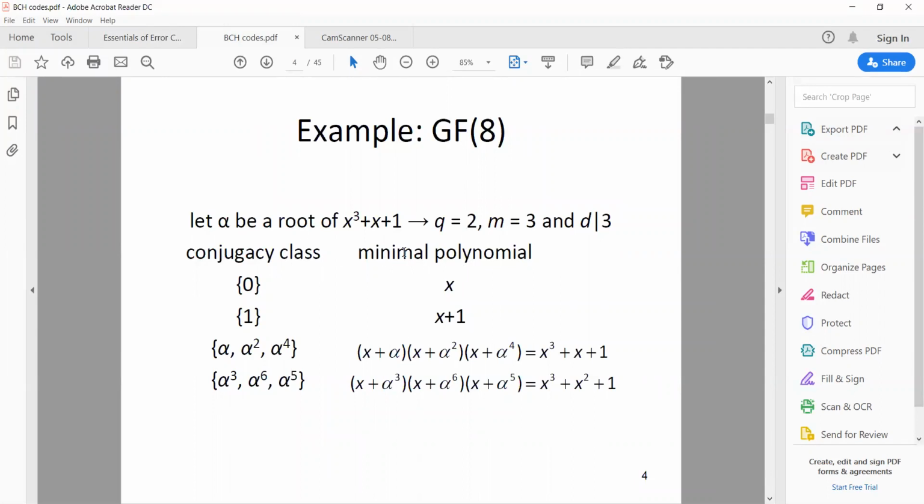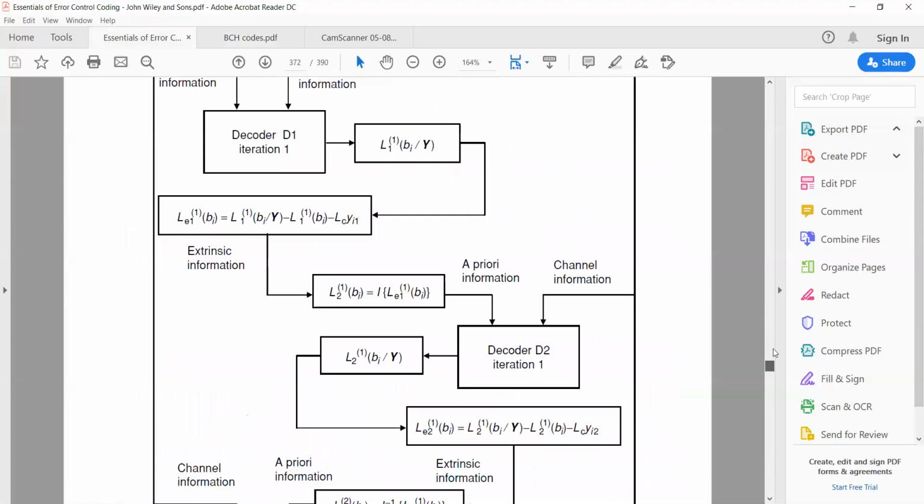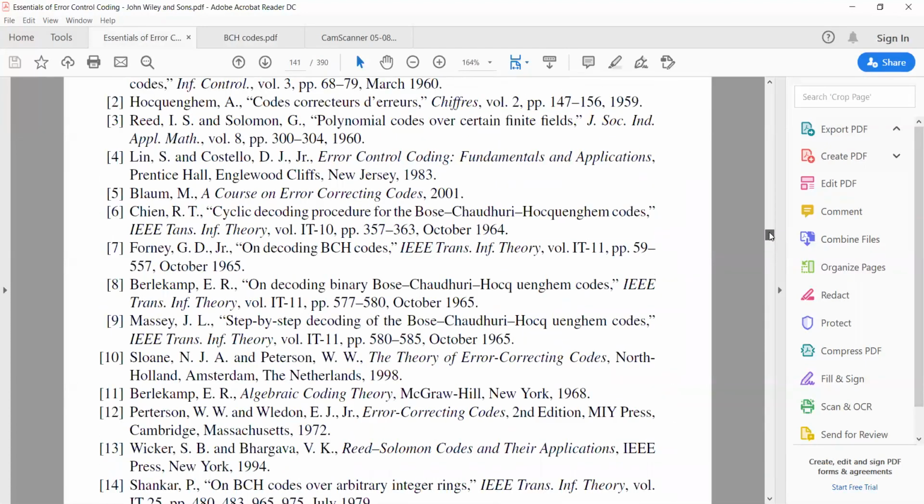We will come to this later. So first you have understood the concept of irreducible polynomial and the factorization condition of the irreducible polynomial, what the factors are and the significance of the factors. Okay, so now we will go to the previous BCH code chapter.